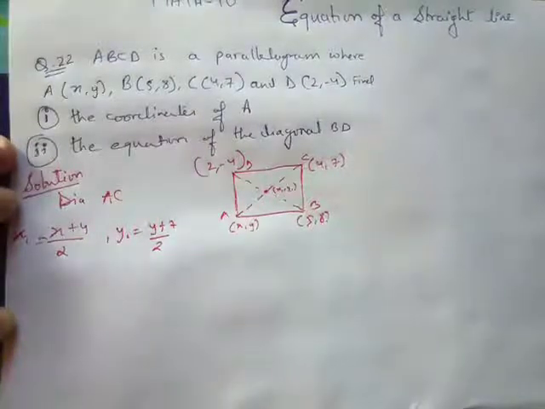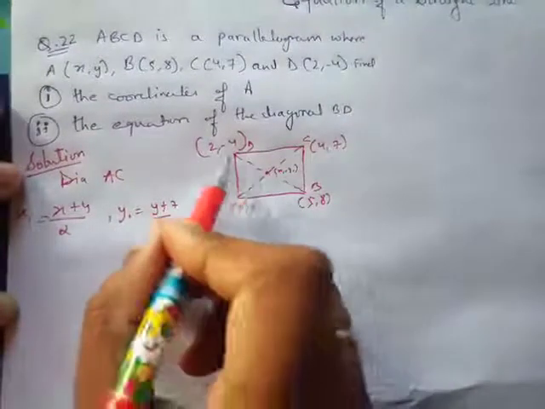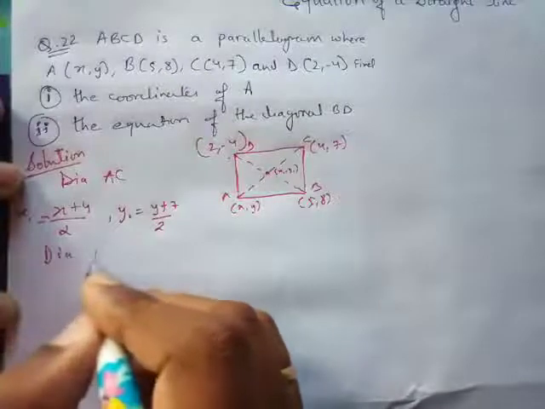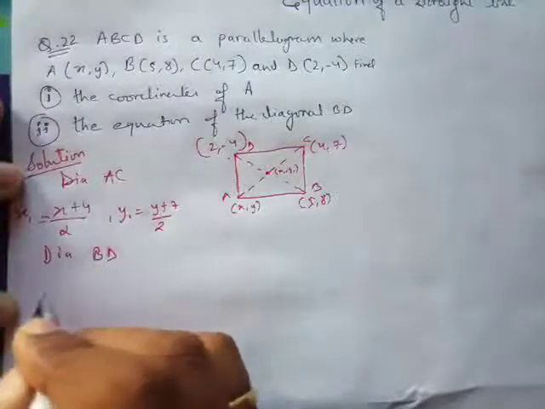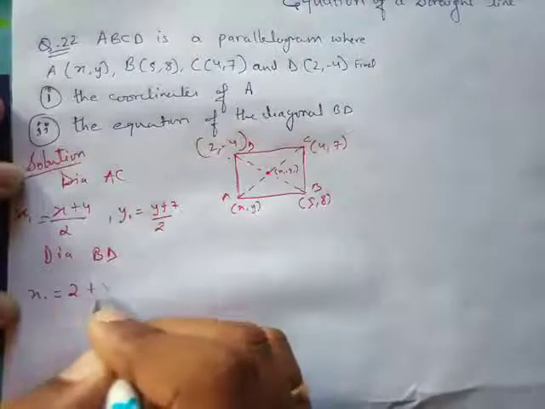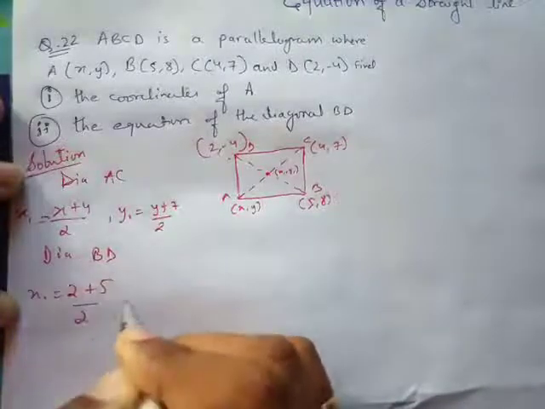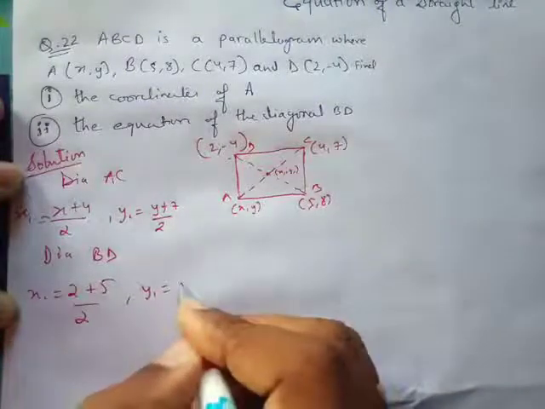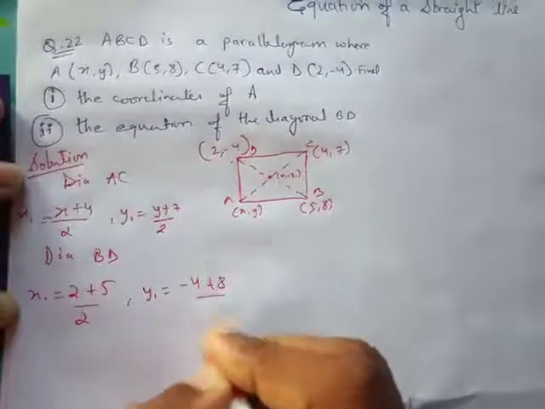At the same time, this is the midpoint for BD also. So I'll take diagonal BD now, and I'm going to do the same thing. To find x1, what do you have to do? 2 plus 5 upon 2. And to find y1, what do you have to do? Minus 4 plus 8 upon 2.